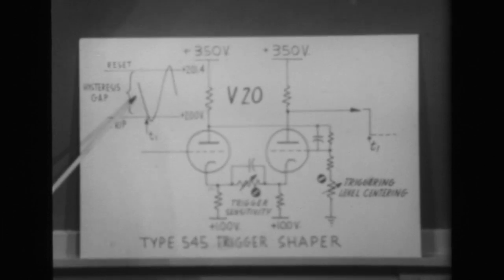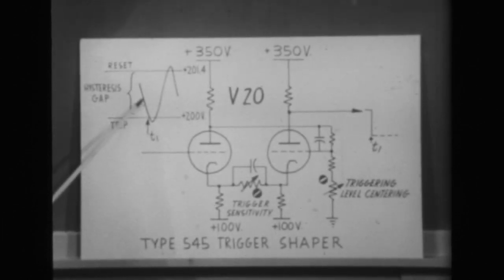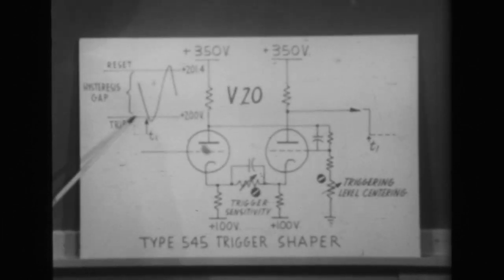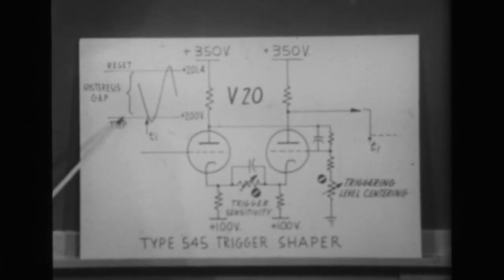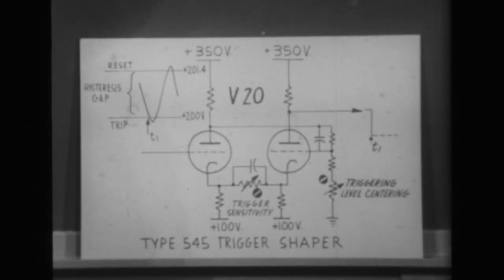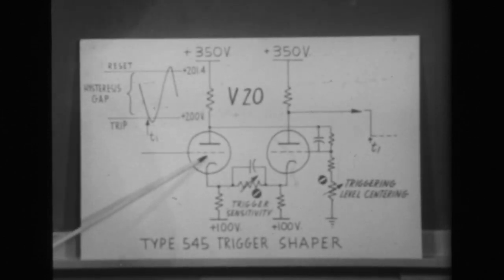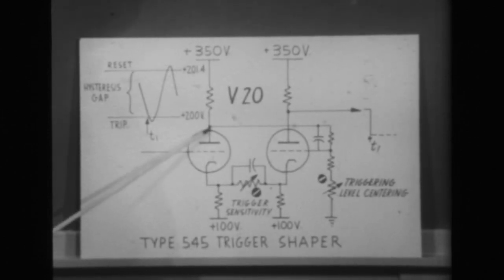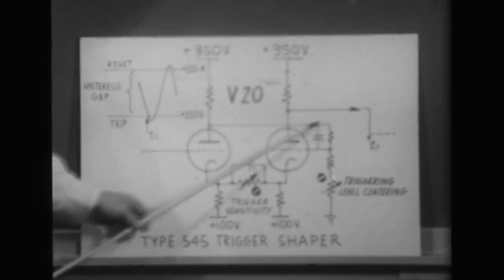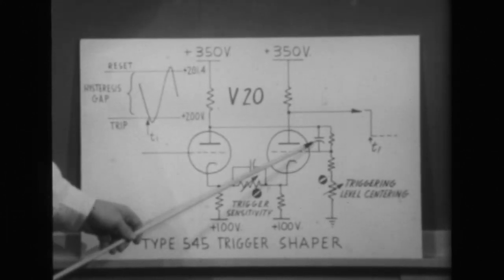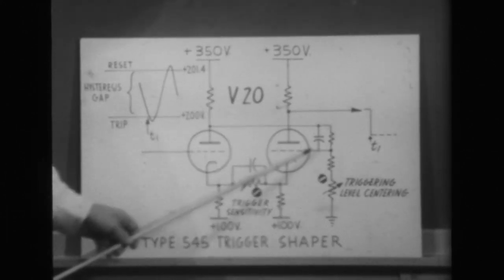As the grid is lowered in the left-hand tube and we begin to approach a certain critical level, which we shall call the trip level for this particular multivibrator, current in the left-hand tube begins to decrease, the plate begins to rise, and through a voltage divider lifts the grid of the right-hand tube.